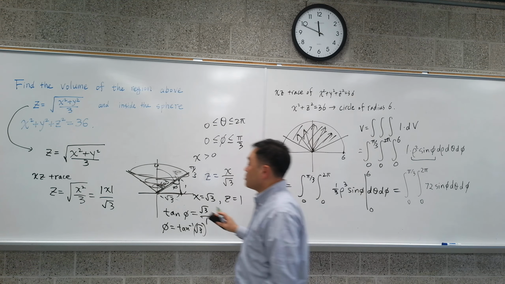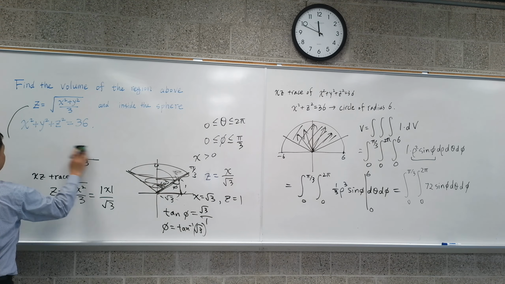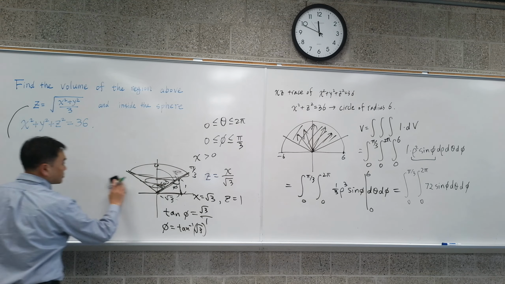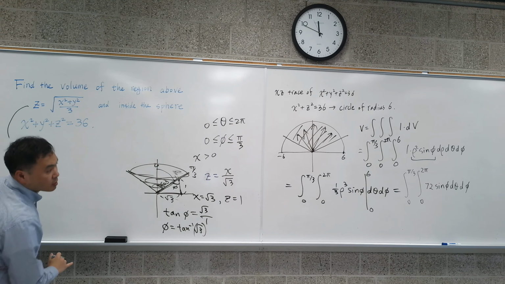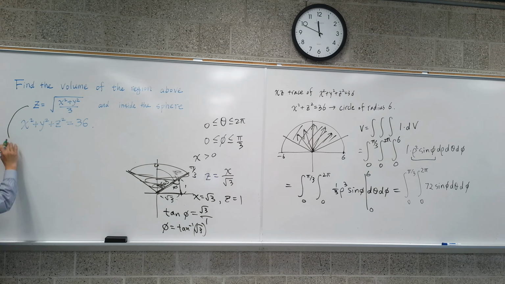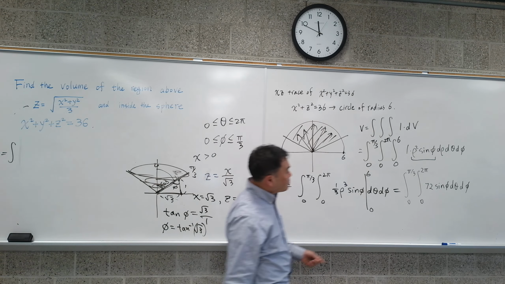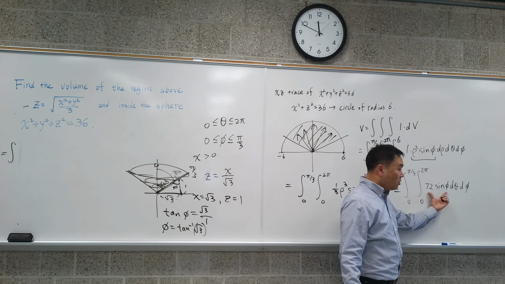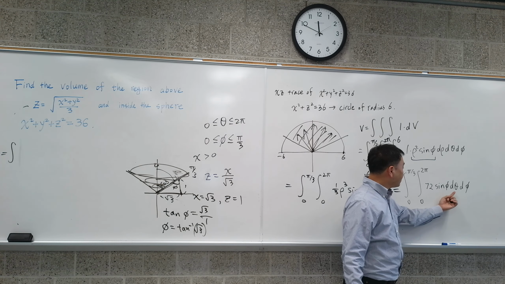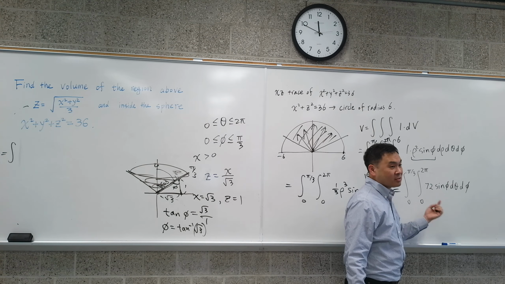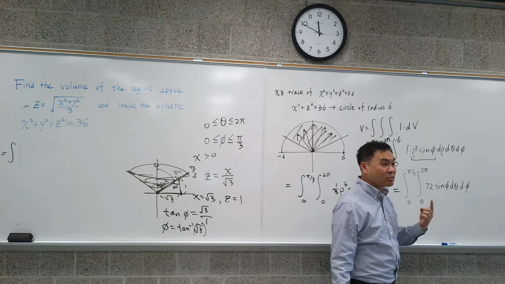And now let's continue over here. Well, this doesn't have any theta at all. So if you integrate this by theta, it's just integrating a constant. It's like integrating 1, and 1 integrates to theta itself, right?